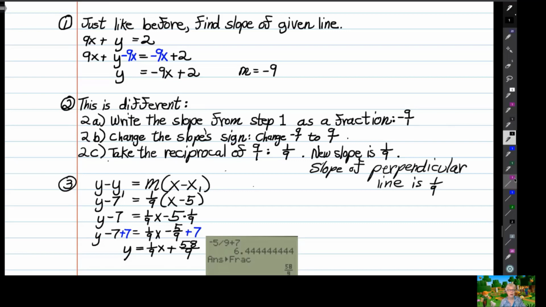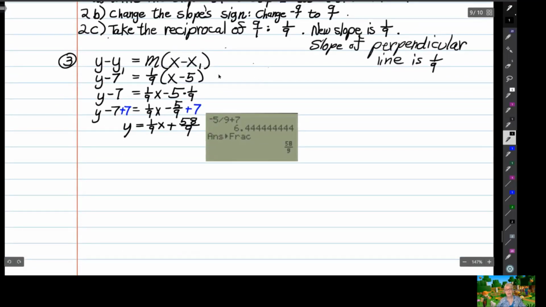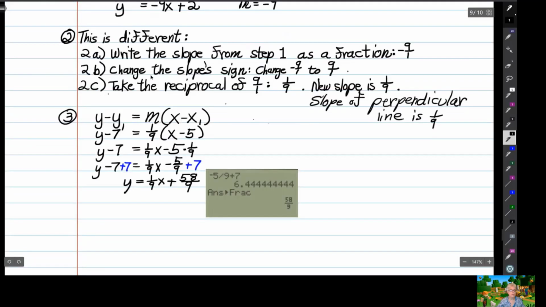So you write the slope of the given line as a fraction if it's not already a fraction. In step 2B, you change the sign. In step 2C, you take the reciprocal of the new slope you've got in 2B. And then step 3, you find the equation of the line with that slope, the slope of the perpendicular line, because you're finding the equation of the perpendicular line.